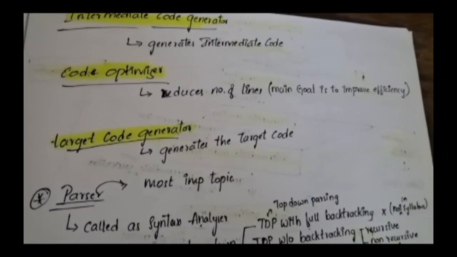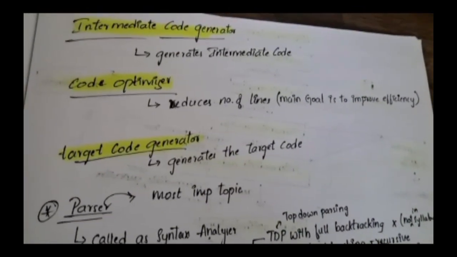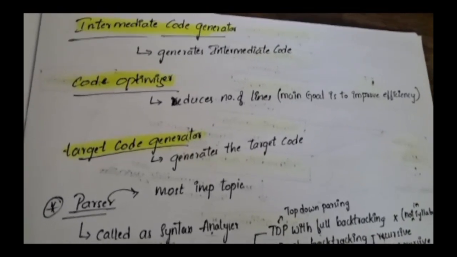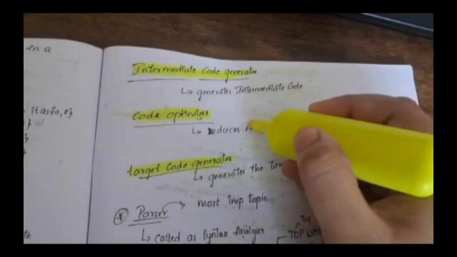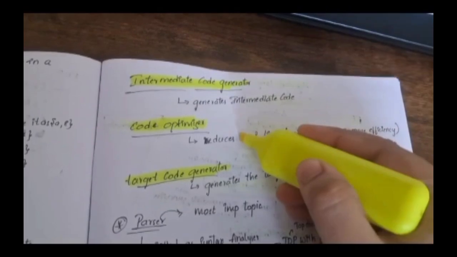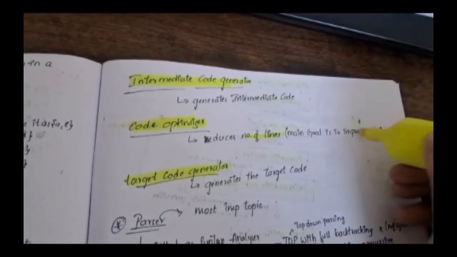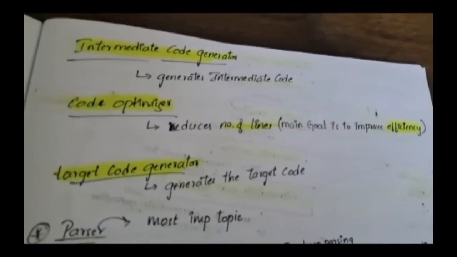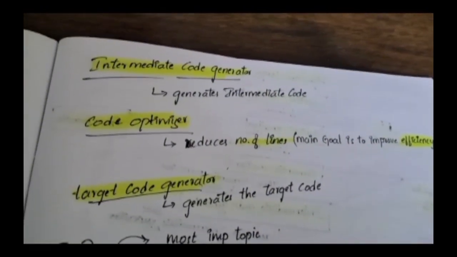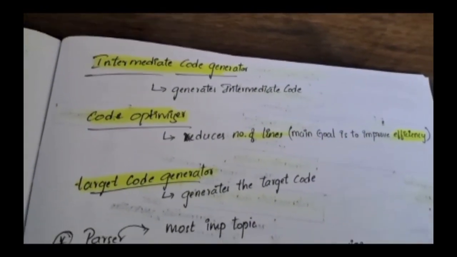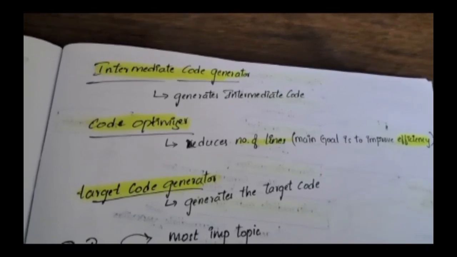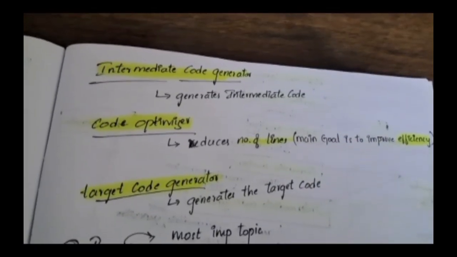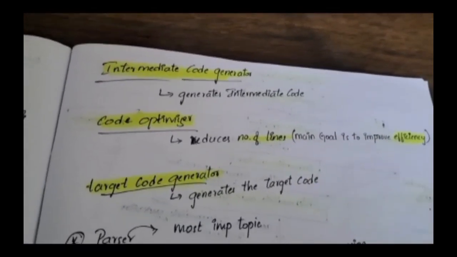So next we have the code optimizer. What the code optimizer does is reduce the number of lines. The main goal is to improve efficiency. Imagine you have 10 lines of code and you're executing it. Let us imagine it takes 5 minutes.